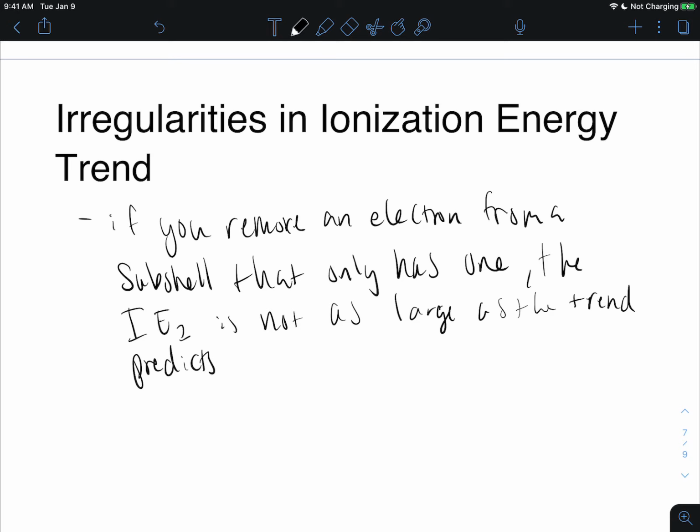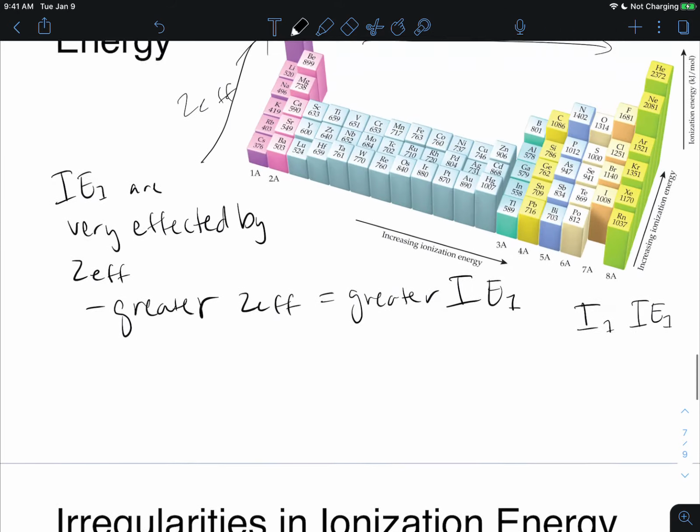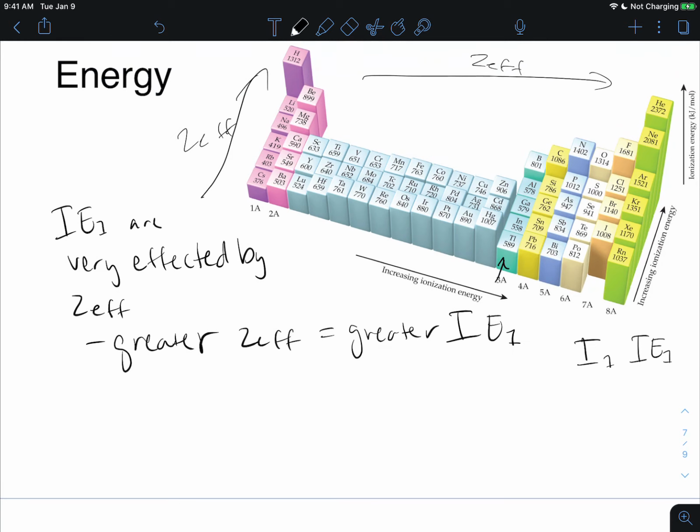Right, we've got this one extra electron in the subshell, and it's a little bit energetically favorable to remove it from that subshell, which is why you see a dip in ionization energy right here. We see beryllium's 899, boron's 801, magnesium is 738, aluminum is 578, stuff like that.